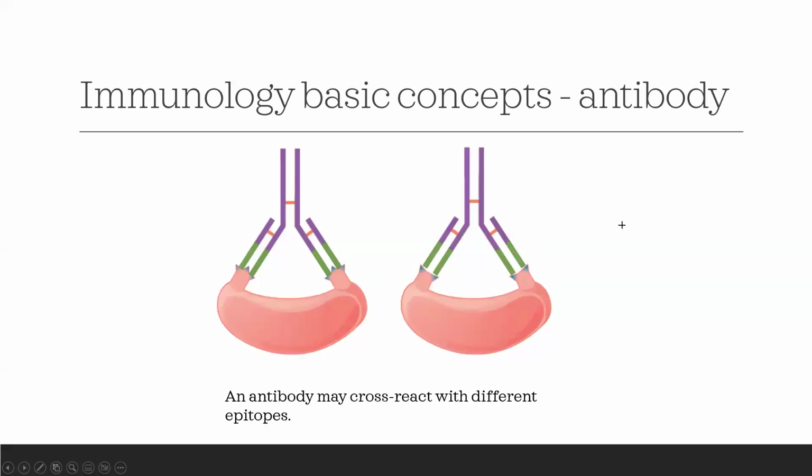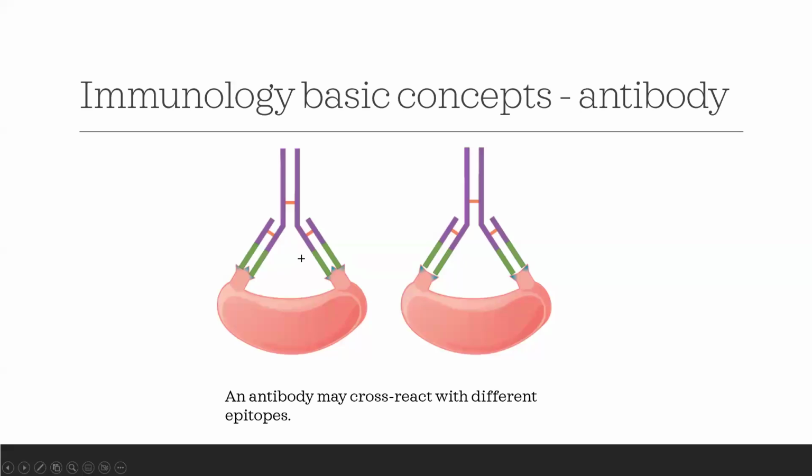So the last concept I want to mention is the cross reaction. As shown from here, this is the same antibody, they're identical, and this antibody is able to bind with epitope of a similar structure. So the epitope on the left is structurally very similar to the one on the right.